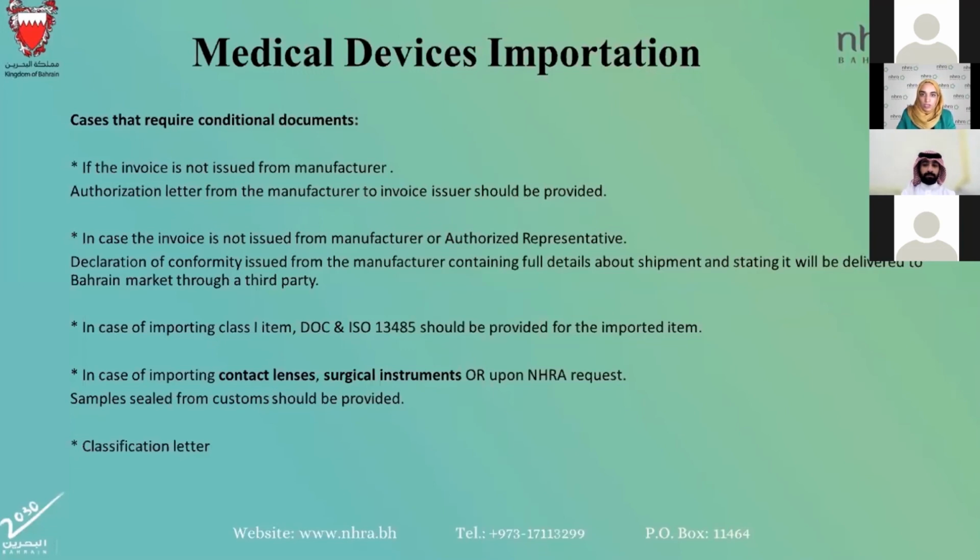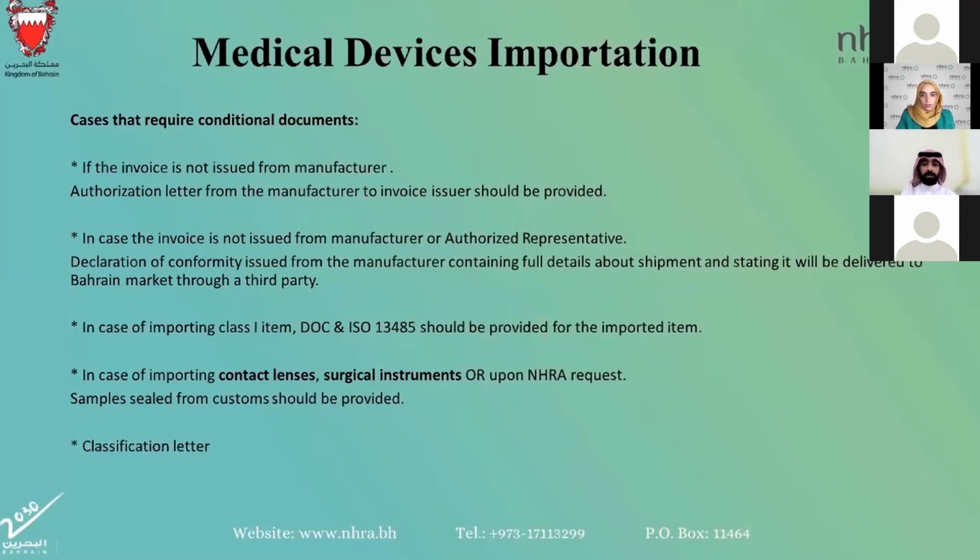As per the NHRA policy, the CE notifying body has to be within the EU. But there are some companies that are certified by a UK certificate, which obviously is not in Europe. What should we do in this case? I think they're talking about Brexit. What is the current situation, engineer?